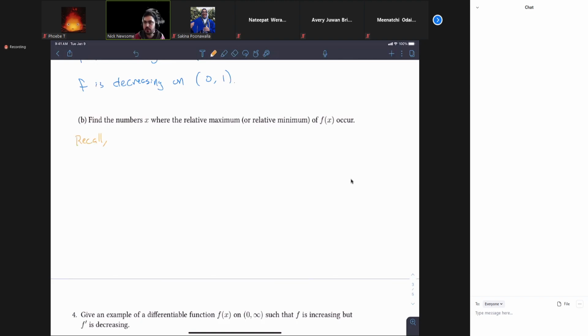The thing to remember here is that f has a relative maximum when it changes from increasing to decreasing, and a relative minimum where it changes from decreasing to increasing.